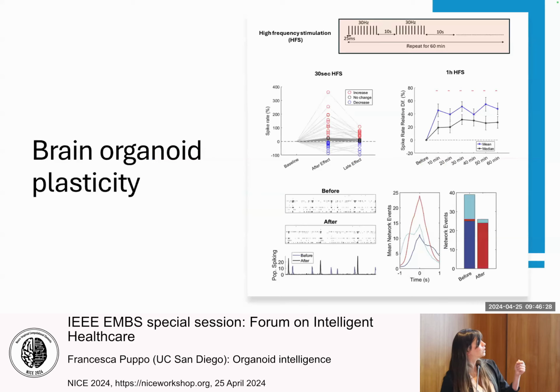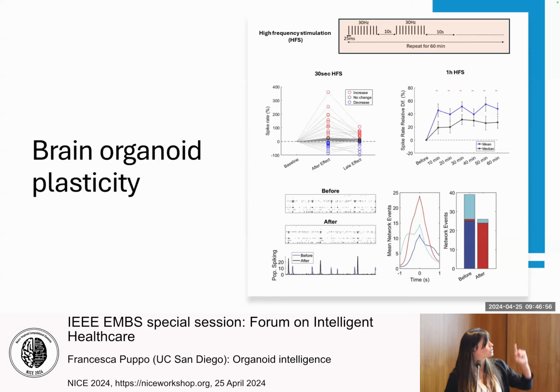With this, we have a tool to study plasticity mechanisms, because the standard way to study plasticity is to use high-frequency stimulation. Among all the different paradigms that we used, this was the best. It is a sequence of 30 Hertz trains of pulses with 10 second intervals in between, repeated for as long as we wanted.